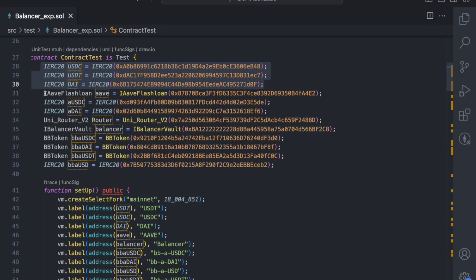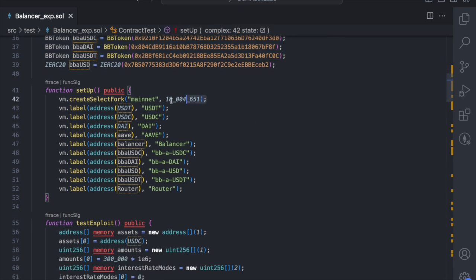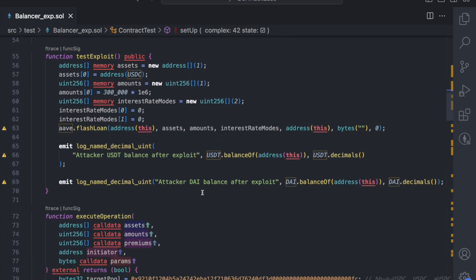We have a flash loan that's going to be leveraged here. We have the Balancer tokens. We're creating a fork of mainnet, so this is essentially trying to recreate the same environment that happened when the attacker performed their exploit. We have to mirror some tokens that we're going to use in this process, and then we're going to test this exploit.